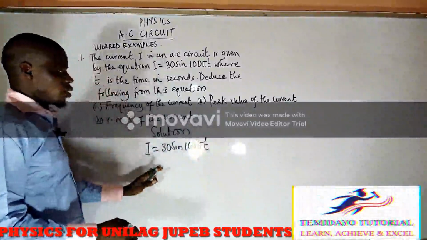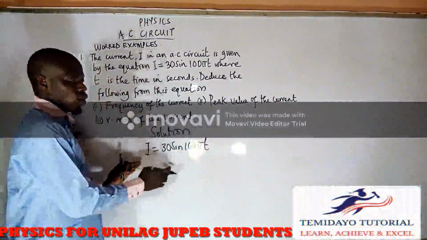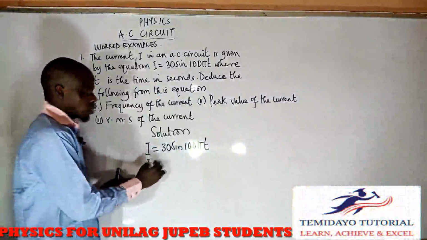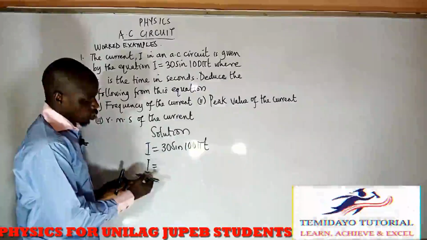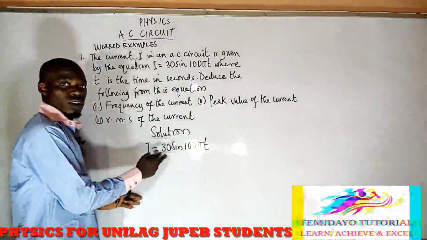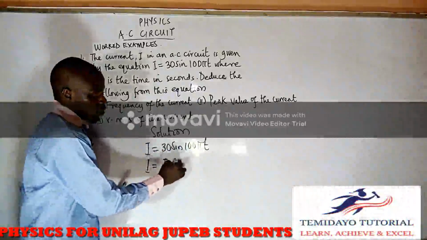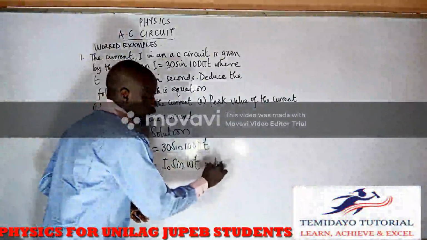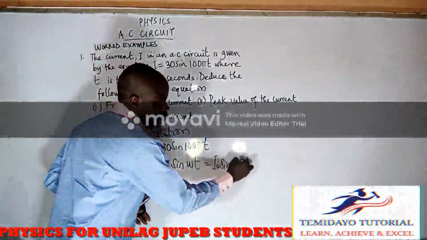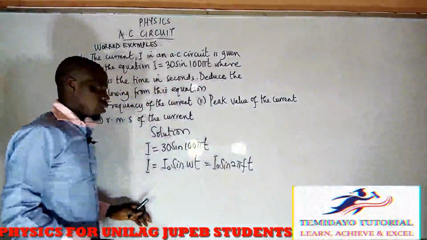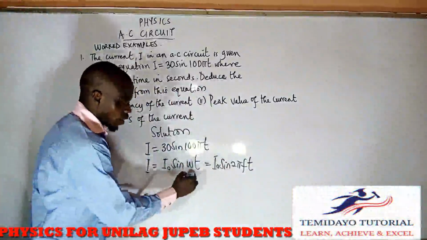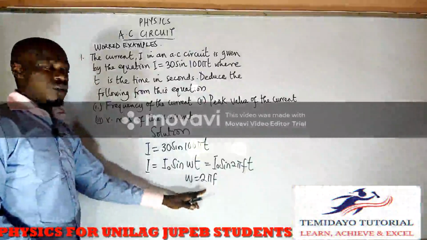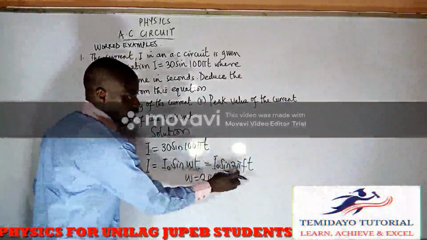You want to compare this with the standard equation, like the one we have in the previous case, I is equal to I naught sine omega t, or I is equal to I naught sine 2 pi f t. Because omega is equal to 2 pi f, we can substitute 2 pi f to get 2 pi f t.